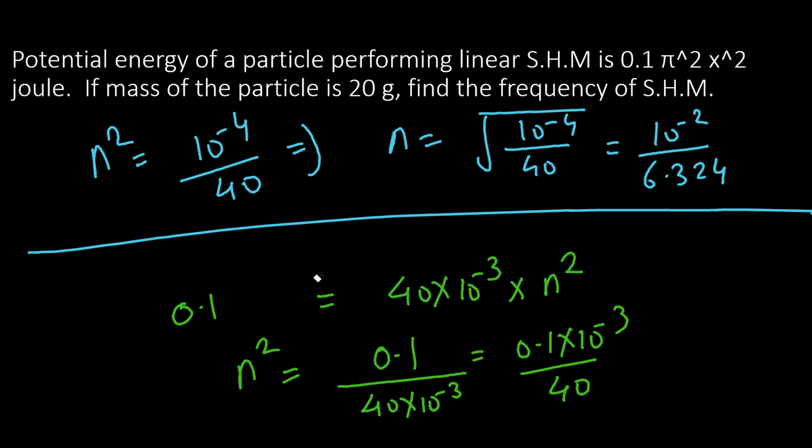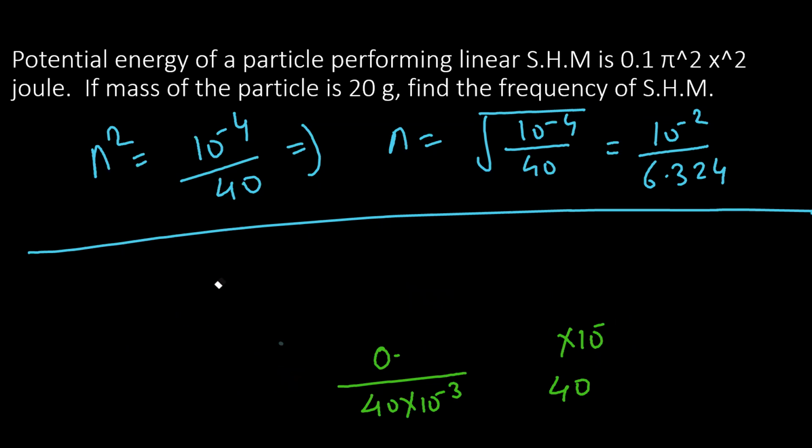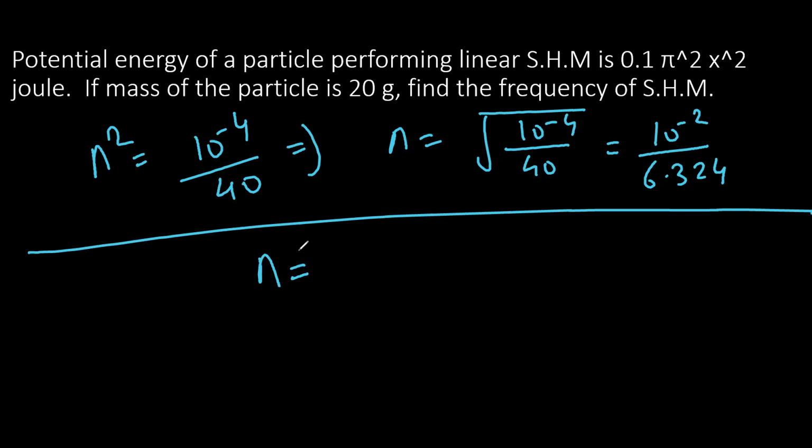And if you divide it again using the log table, you will get the answer of n. So what is the frequency here? The frequency is 1.581 Hz. Okay, this was the answer we will get.